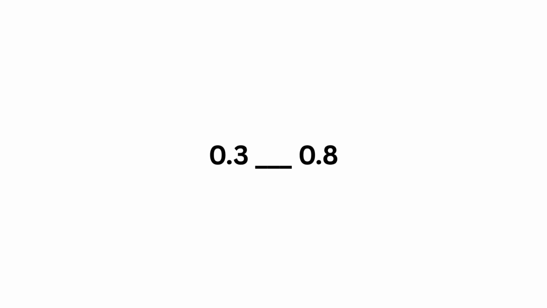So here comes another one. Between 0.3 and 0.8, which one is bigger or greater? Let's see what sign is supposed to be in the middle. So 0.8 is greater than 0.3, but we have the less than sign in the middle because the lesser number is on the left and the greater number is on the right.